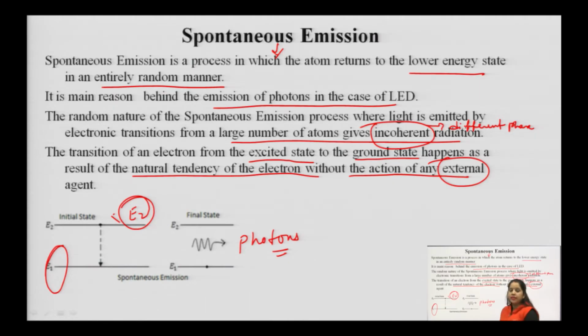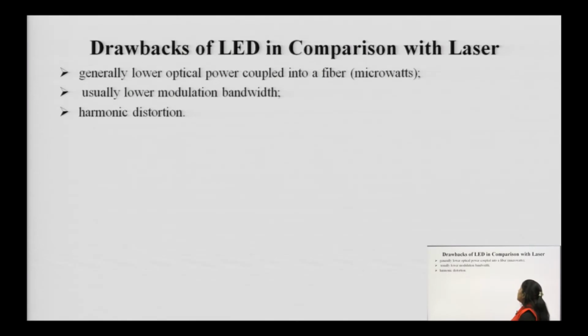So, the important points are: no external energy is involved, everything occurs naturally by the natural tendency of electrons in an entirely random manner, and that is responsible for the emission of photons, which in turn are responsible for the emission of light in an LED.